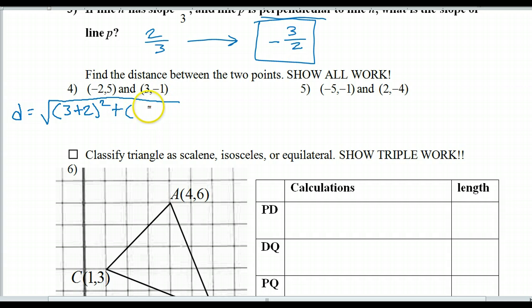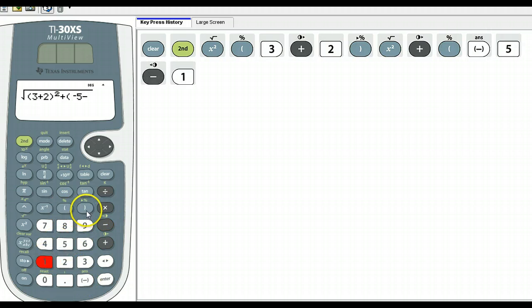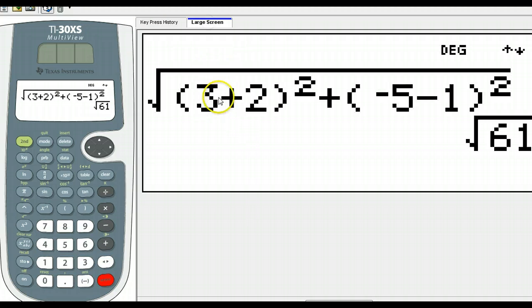Plus, and now I'm going to do y minus y squared. So that'll be -1 minus 5 squared. I'm really just going to put that in my calculator. So, square root of 61.